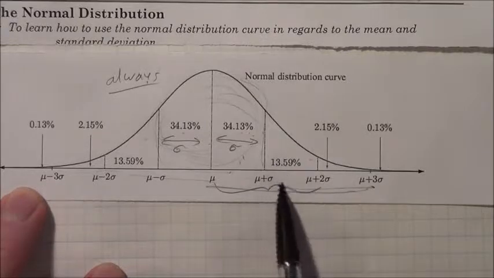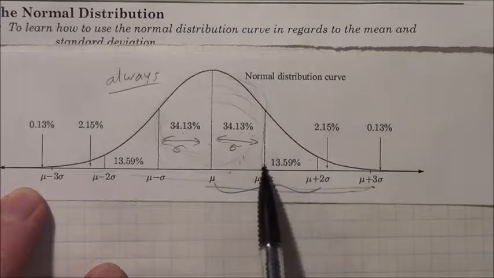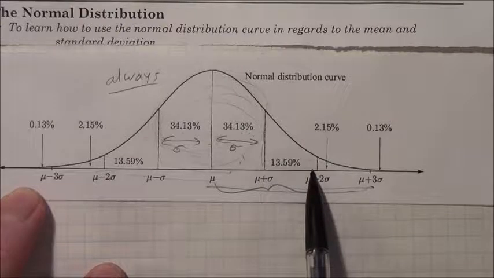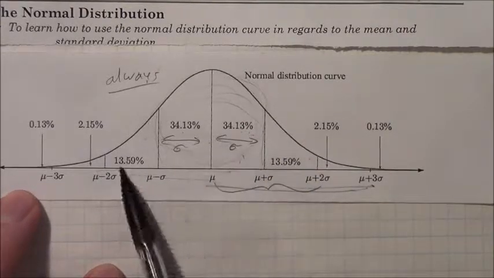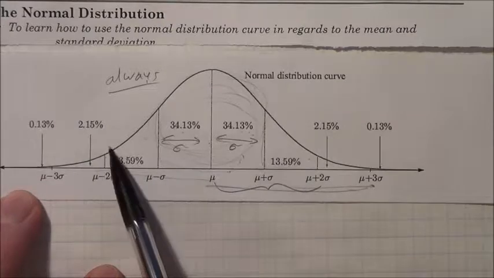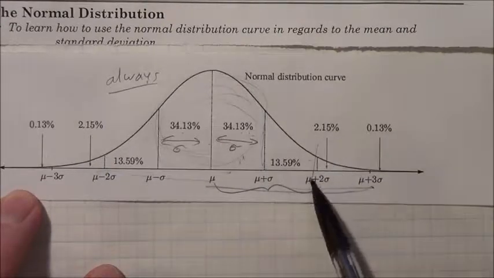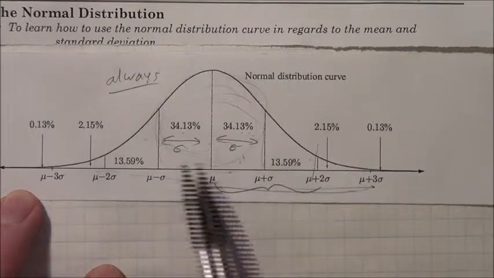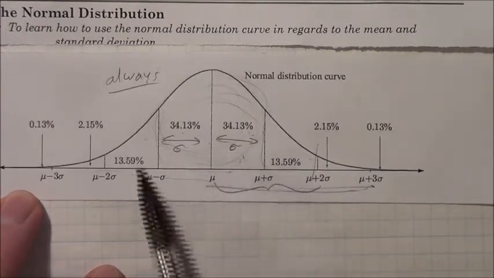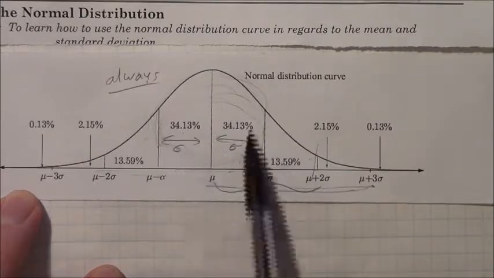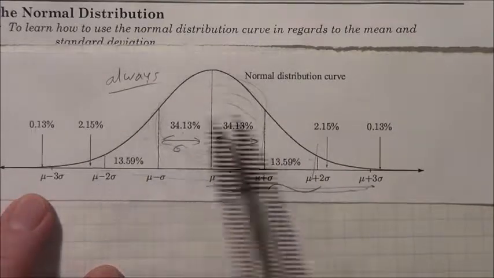Then if we add one more standard deviation away from the mean, we're adding 13.59% on either side. So that ends up being another 27.18% added on to the 68.26%.